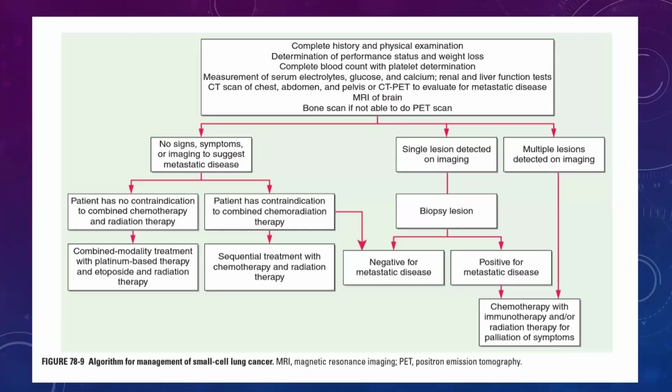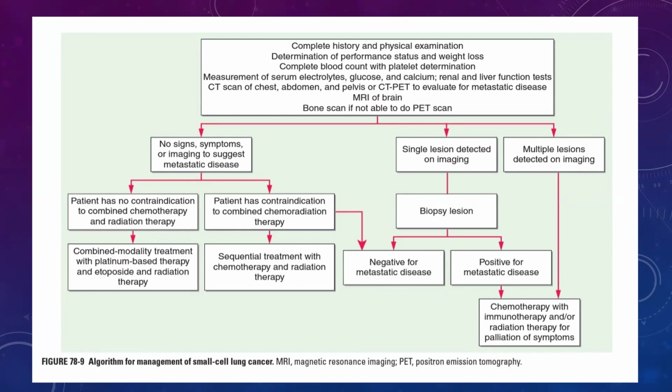Okay, so this figure shows you the management of your small cell lung CA. So again, you diagnose the patient with your CT scan and check for presence of metastatic disease. If the patient does not have any metastatic disease and has no contraindication to your combined chemo and radiation therapy, then we proceed with a combined chemo and radiation therapy.